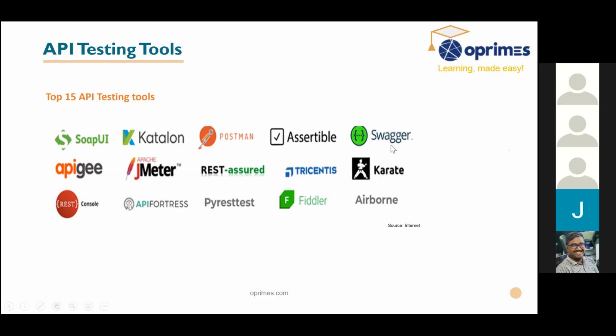Swagger. Swagger is a tool which will allow you to document the APIs also. It is not used for automation, but you can have the synced version of APIs with the developer. The most common problem we will be facing with API testing is it is highly dynamic.